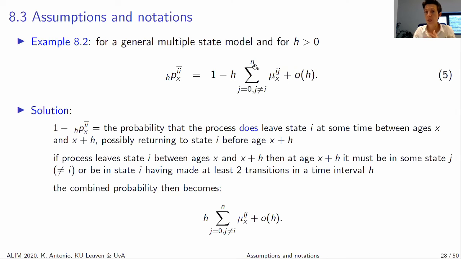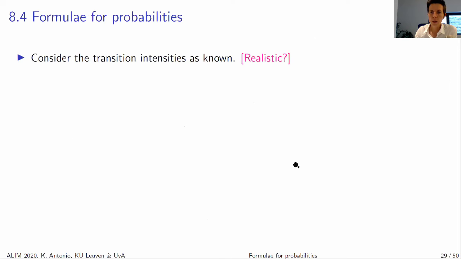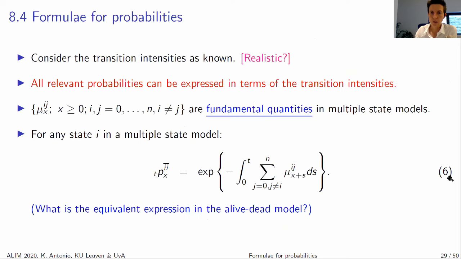Where we get rid of the integral by assuming that our transition intensities are piecewise constant, such that we get the h in front of the sum of the transition intensities. So that's the connection between number 5 and number 6.